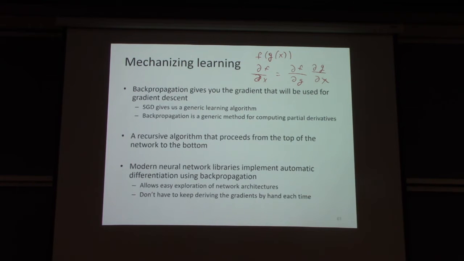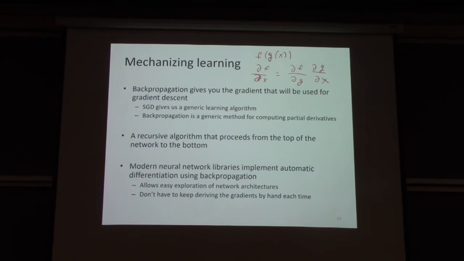Backpropagation is just a way of taking this idea of deriving gradients and making that also a computational process. So backpropagation is a generic method for computing gradients. What this means is we now have reduced the problem of inventing learning algorithms into the problem of writing down objectives. Because once you have an objective, you use stochastic gradient descent, you use backpropagation, you have a learning algorithm. Backpropagation itself is recursive.